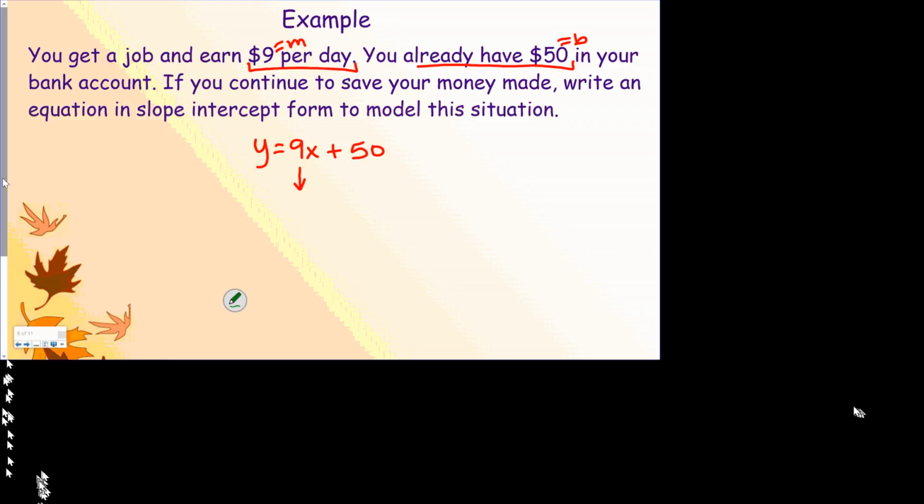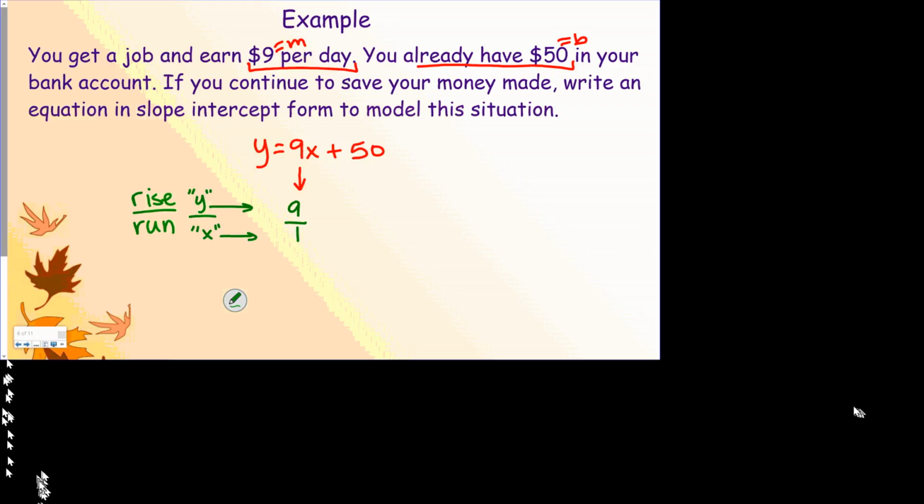If you remember, slope is your rise over your run, and the rise is the change in your y values, and the run is the change in your x values. So if I write this slope as a fraction, as 9 over 1, I can see that my y's are the 9 and my x's are the 1.